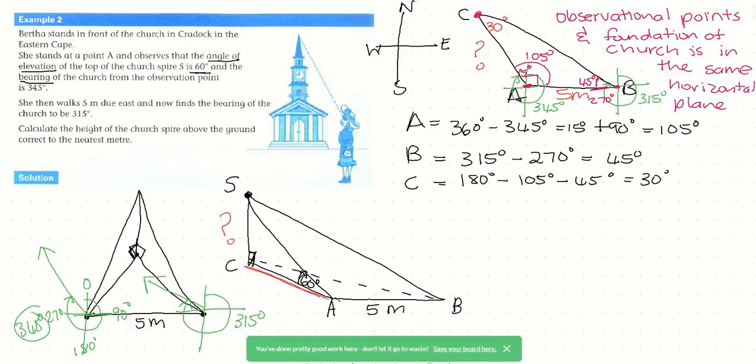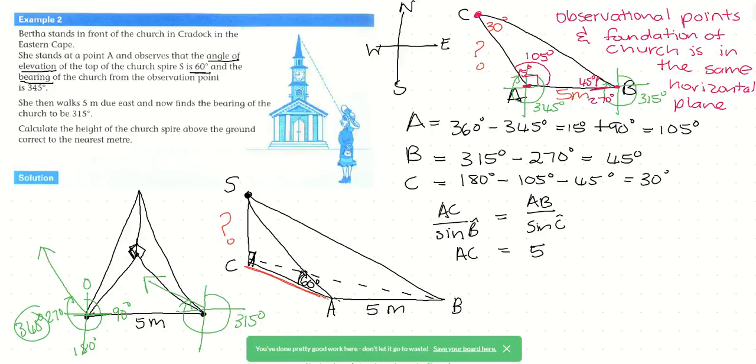So now I do my sine rule. And I'm running out of space. So my unknown goes first, AC over sine B, which is equal to AB over sine C. Put your little angles on them. AC we keep. We can rearrange this by taking sine B up, and I'm going to substitute everything at the same time. AB's length is 5 meters.